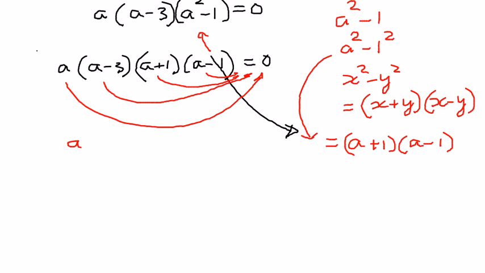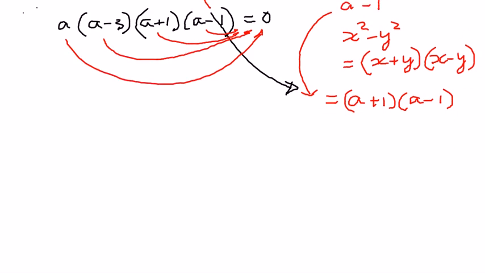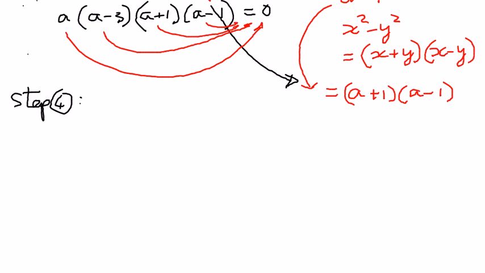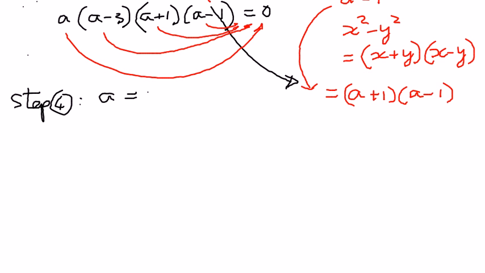Let me write it this way, as step number 4. Step 4: either a equals 0 or a minus 3 is equal to 0.